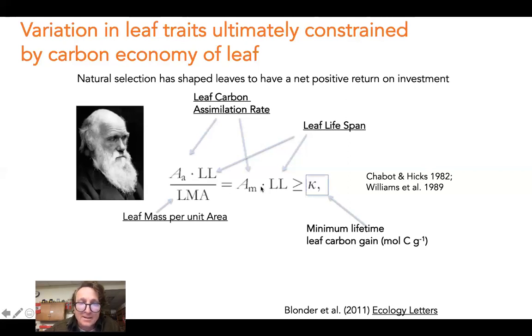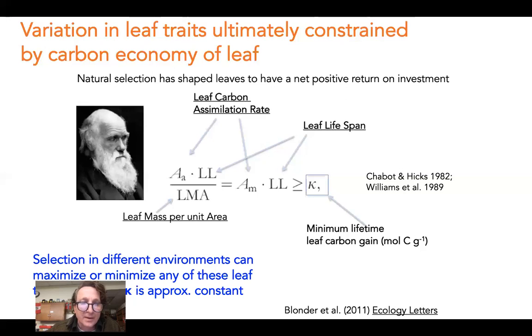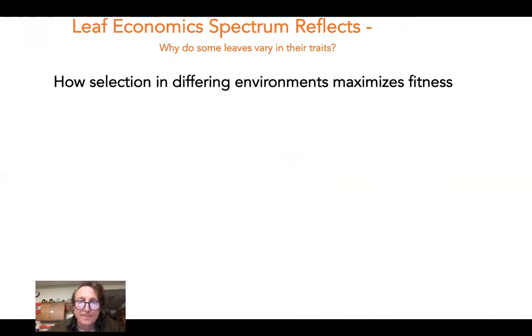And that sets up a very strong constraint in terms of how all of these different traits co-vary with each other. So selection in different environments is going to maximize or minimize any of these different trait values as long as the total amount of carbon gain is greater than or equal to this minimum lifetime leaf carbon gain, okay?